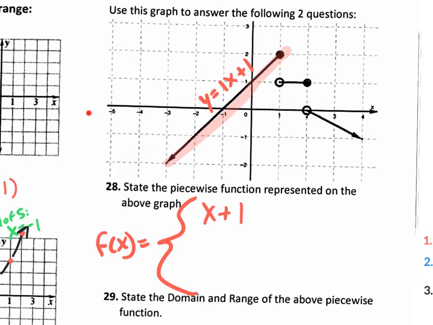In terms of x, from here, what's that x value right there? 1. And what's to the left? Less than, right? To the right is greater than. So from here to the left, we're going to say less than or equal to 1. Why or equal to? Because it's a solid dot. So we're going to write if x is less than or equal to 1.